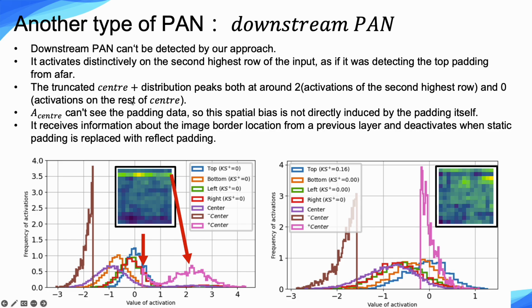And the truncated center plus distribution peaks both at around 2 and 0.